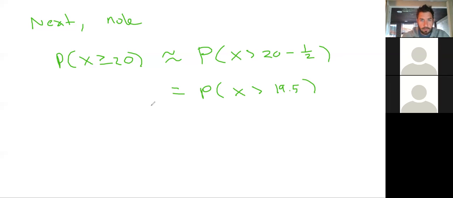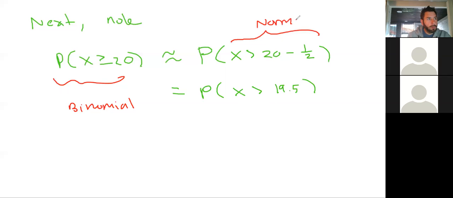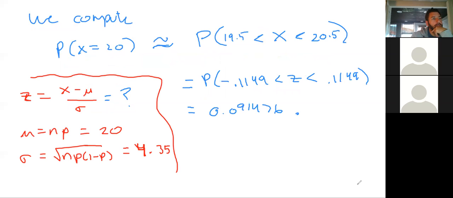So again, let's be very clear with what probabilities we're talking about. This guy's binomial, and on this side, these are normal. Now, we already did this work to answer the previous question, so we know that this is the same thing as the probability that z, if you go to the previous page, is greater than negative 0.1149.